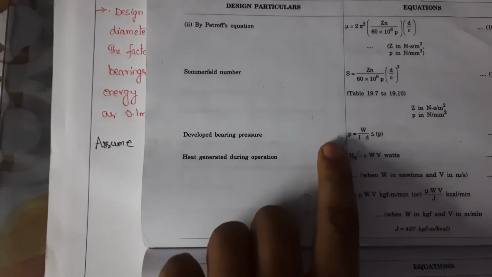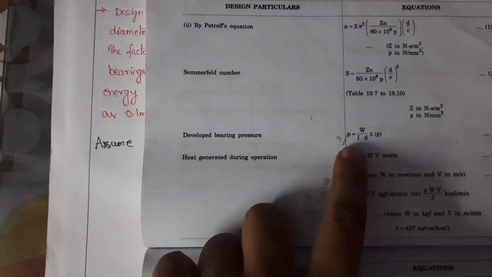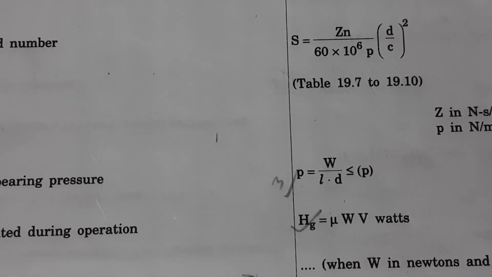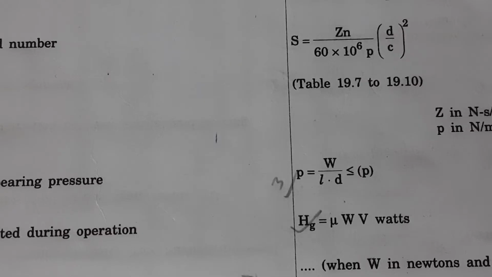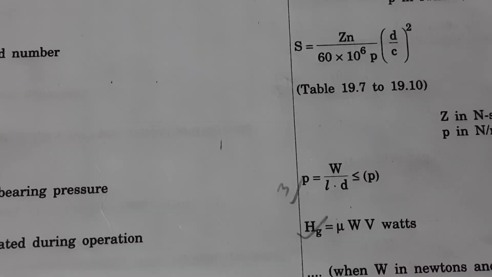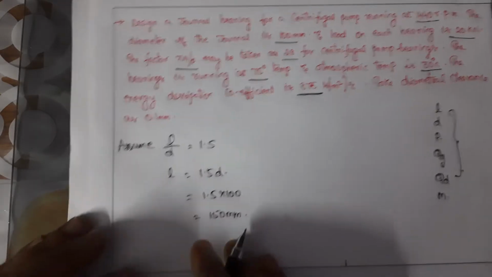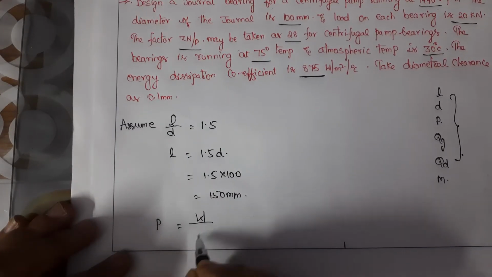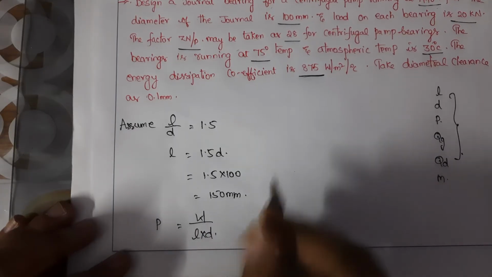Developed bearing pressure P is equal to W by L into D, where W is nothing but your load that is given in the question, the length we have already found out, and the D is already given in the question. So we can find the developed bearing pressure. So P is equal to W by L into D.